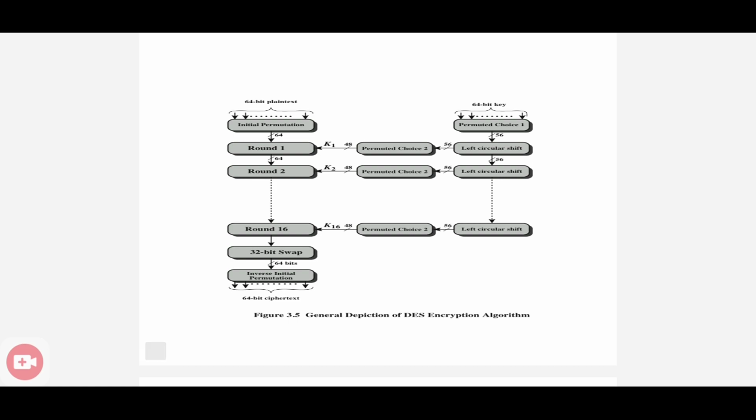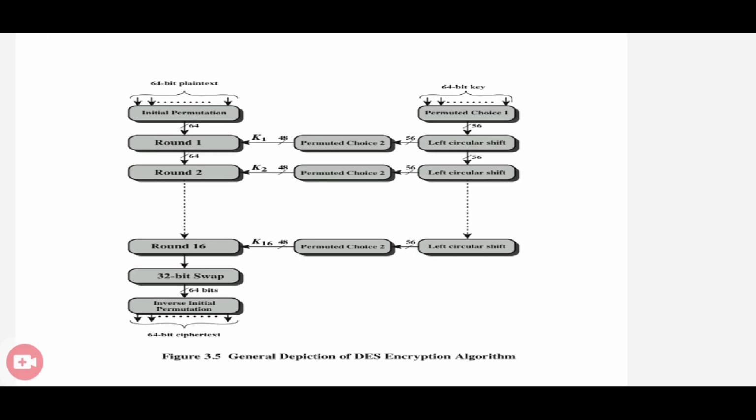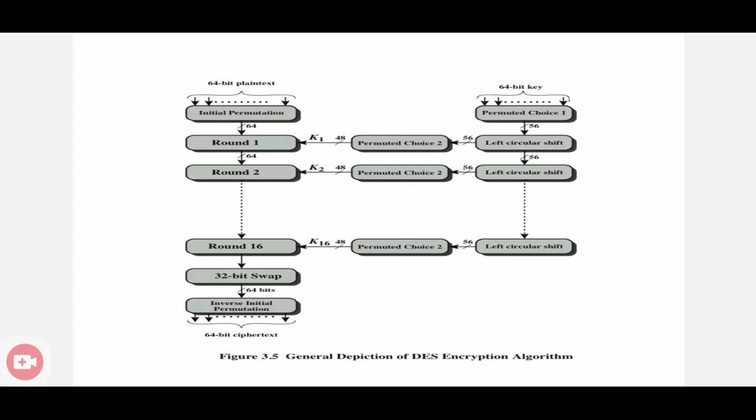So this is the figure of the DES encryption algorithm. We have two inputs. On the left side we can see a 64-bit plain text and on the right side a 64-bit key. Originally we are taking 64 bits, but after the first permuted choice 1 permutation we get a 56-bit key.